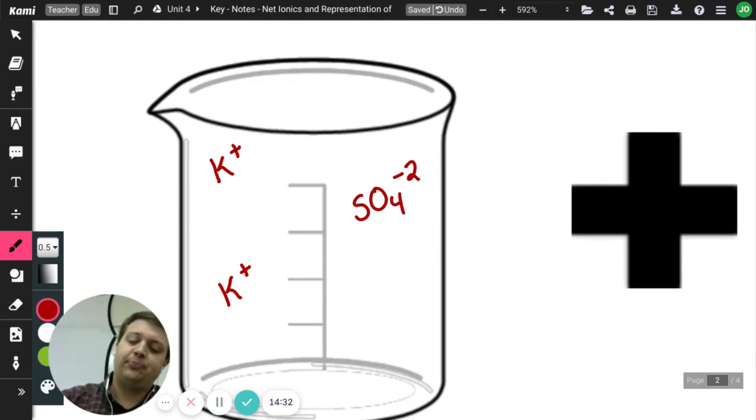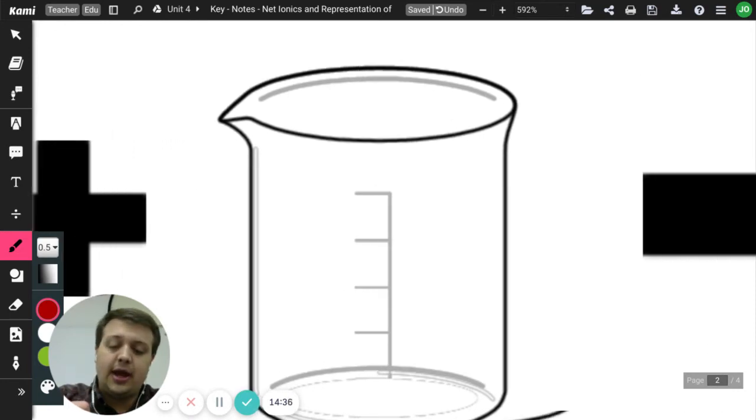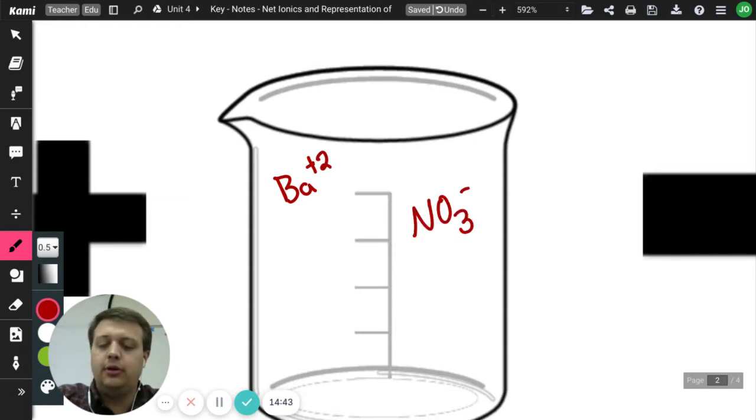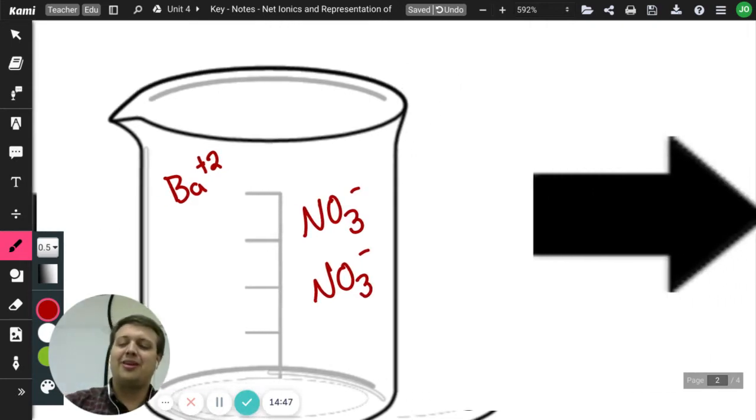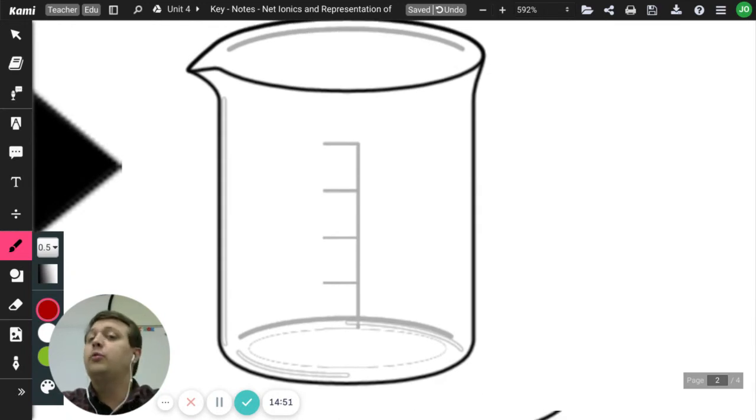Okay? For my beaker that had barium nitrate, I had 1 barium ion and 2 nitrate ions. Okay? And then when we produce that, we did produce a precipitate, which was a solid.